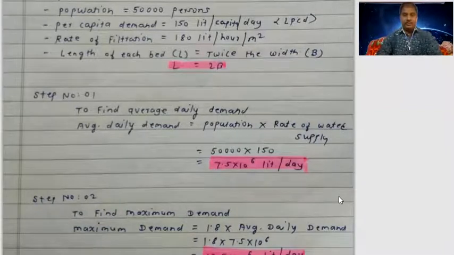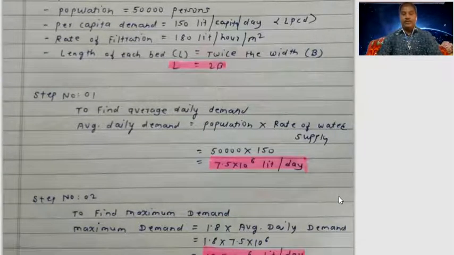Step number one, to find the average daily demand. Here is the formula: average daily demand equals population into rate of water supply. Population is given, it is 50,000, and rate of water supply is 150 liters per capita per day.